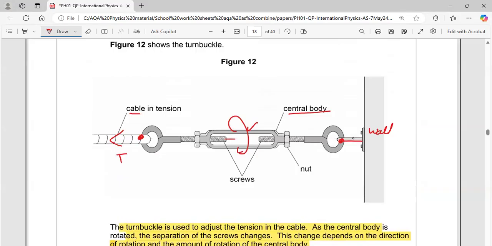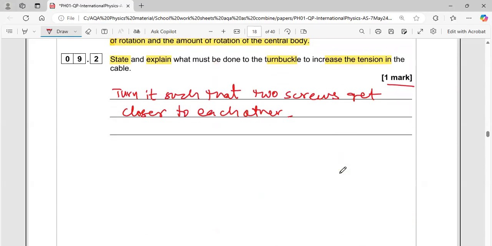You can see that if this screw gets here, this gets here, obviously the rope is being stretched. And the opposite to it is if you want to loosen that, you have to move it the other way so that the screws move apart. That's how the tension is going to be decreased.